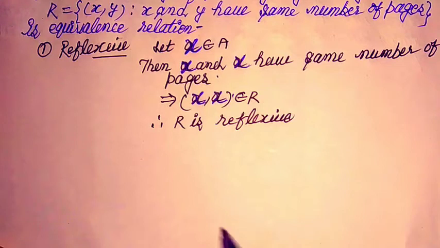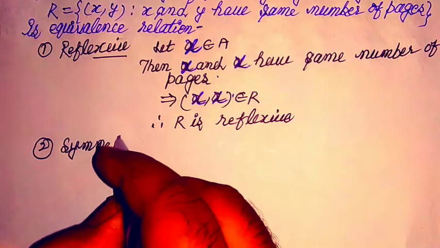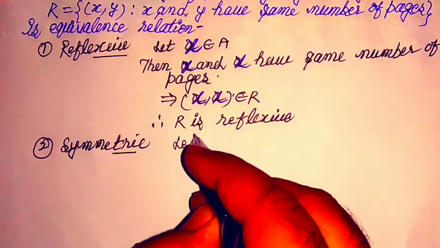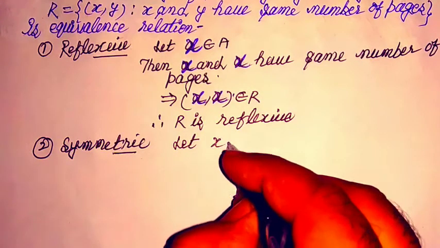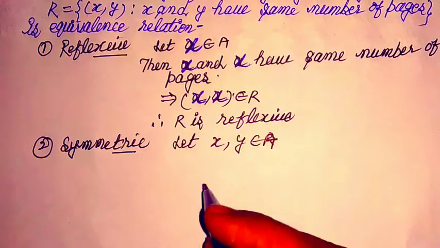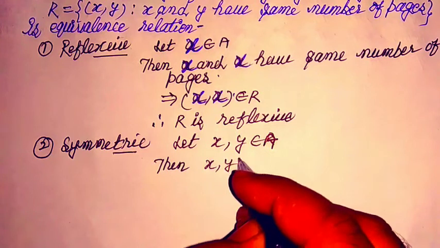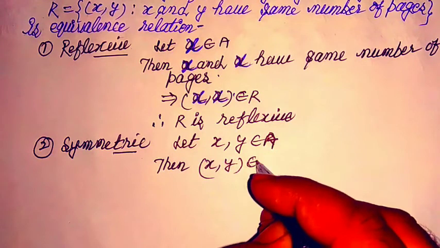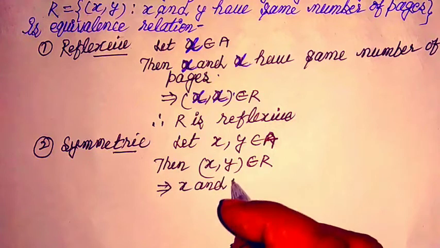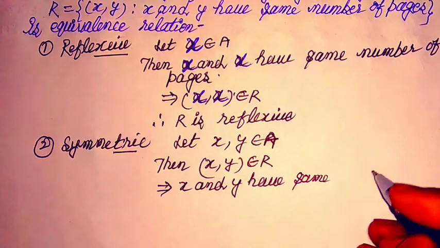For symmetric now, we will take two elements, two books in set A, x and y belonging to set A, not R, set A. Then if (x, y) belongs to R, this implies x and y have the same number of pages.